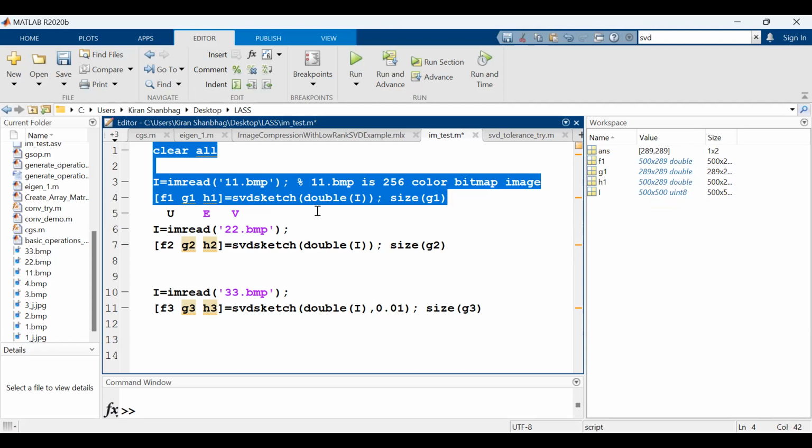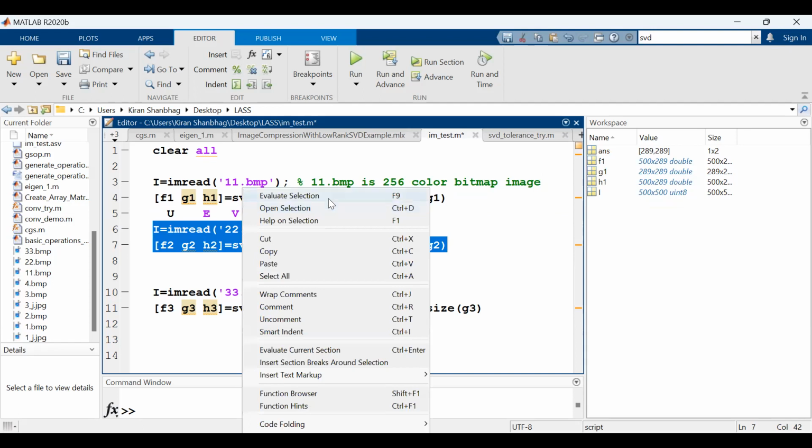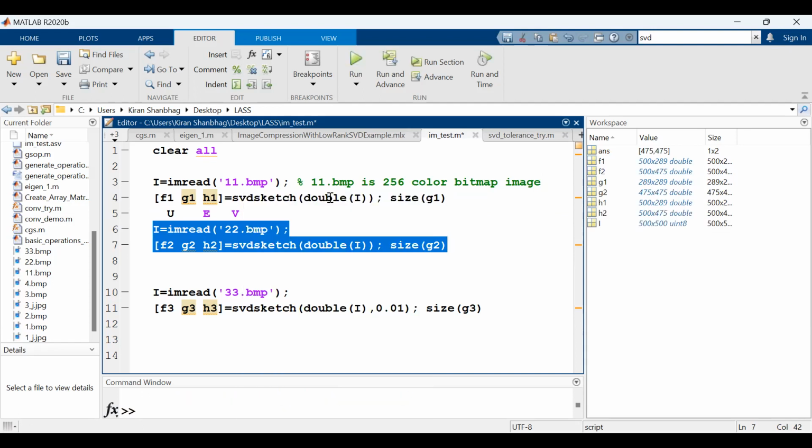Now let me try the same thing, singular value decomposition, for the second image. Do we remember the first image had red and some yellow and blue content, whereas the second image had lots and lots of scribblings.